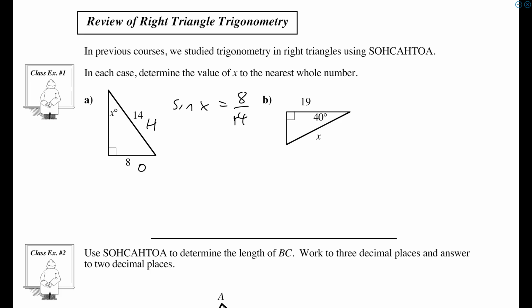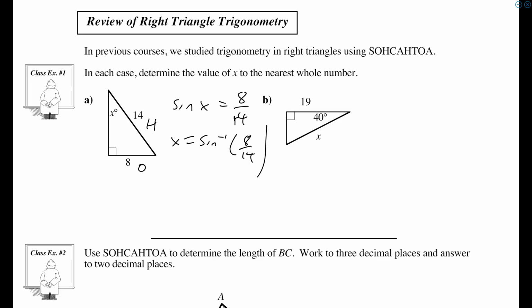So then to find X, we're looking for an angle, so we're doing the inverse trig ratio. Now, still in this course, though this is not the case next year, in 20-1 we're only using degree mode. So just make sure your calculator is measuring in degrees, not radians.